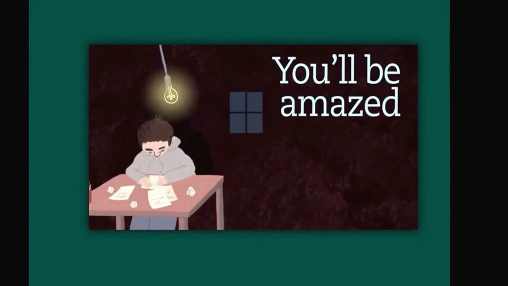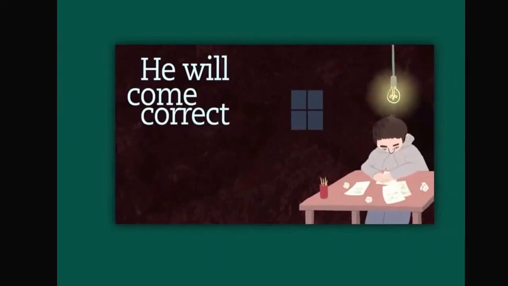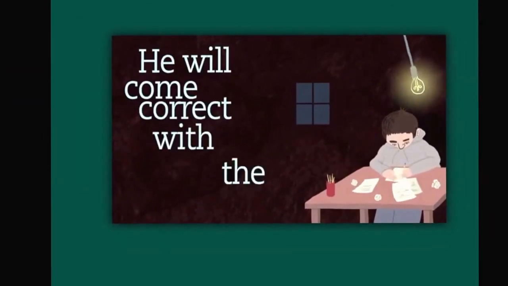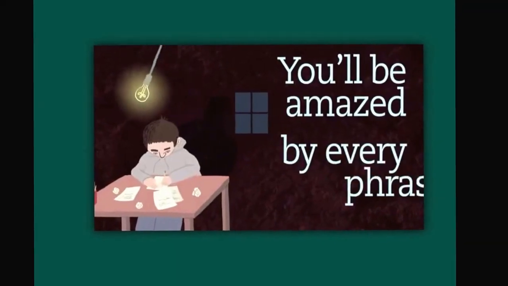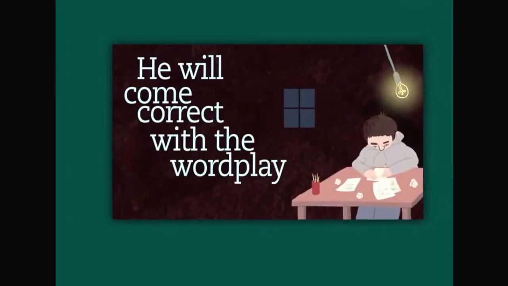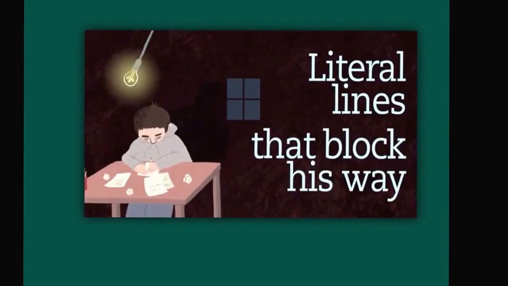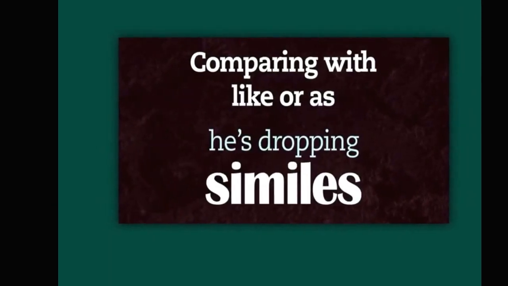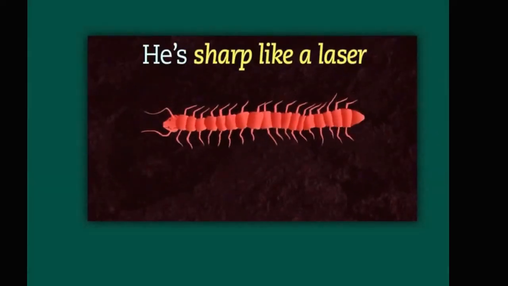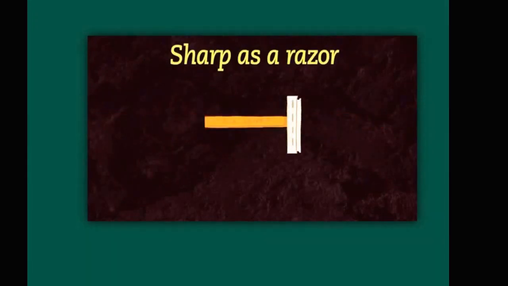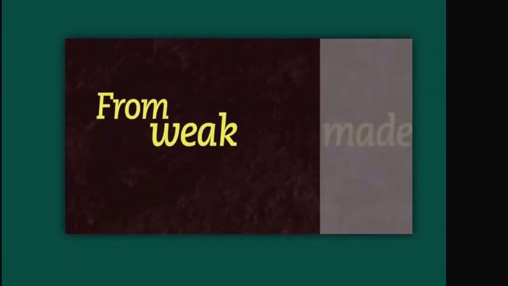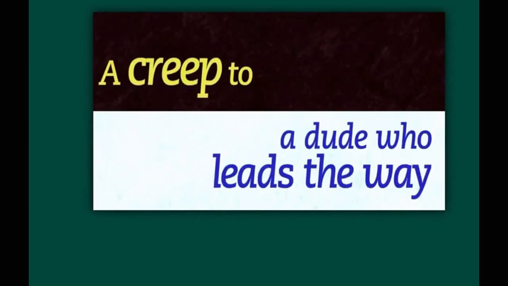You'll be amazed by every phrase. He will come correct with the wordplay, literal lines that block his way. He will come correct with the wordplay. You'll be amazed by every phrase. He will come correct with the wordplay, literal lines that block his way. He will come correct with the wordplay. Comparing with like or as, he's dropping similes, taking little steps like a centipede. He's sharp like a laser, sharp as a razor. In the night as dark as Darth Vader, Duke and Juke and adjust his position, contrasting two things in juxtaposition. From weak to made, cheap to paid, a creep to a dude who leads the way.